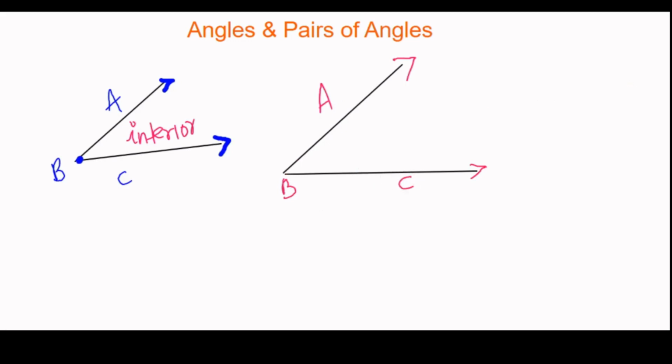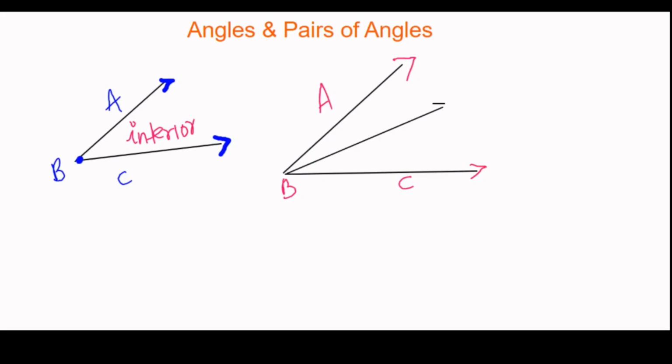So this angle, if I draw one more ray from the same vertex within the interior of the angle, you can see that the angle is divided into two angles.